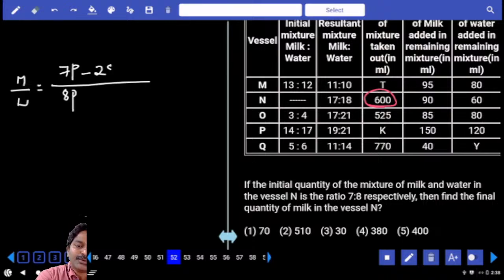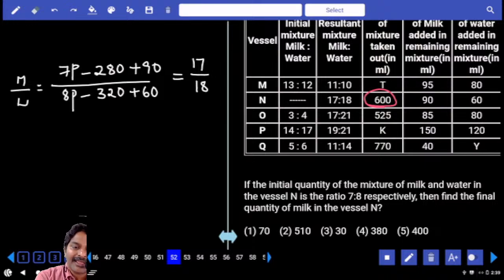That means 280 ml of milk and 320 ml of water is taken out. Then 90 ml of milk and 60 ml of water is added. Finally, the ratio is 17:80. Again, we need to simplify and get the value of 1 part. After getting the 1 part value, your final answer is 7 parts minus 190.